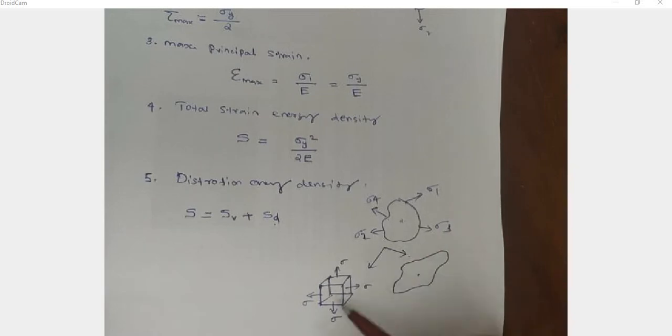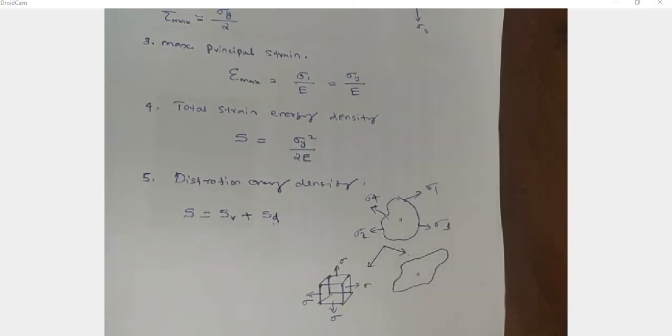Under volumetric strain, there is no change in the shape, but there is a change in volume. And under distortion, the entire shape will change. The shape is distorted, but the volumetric strain is 0.